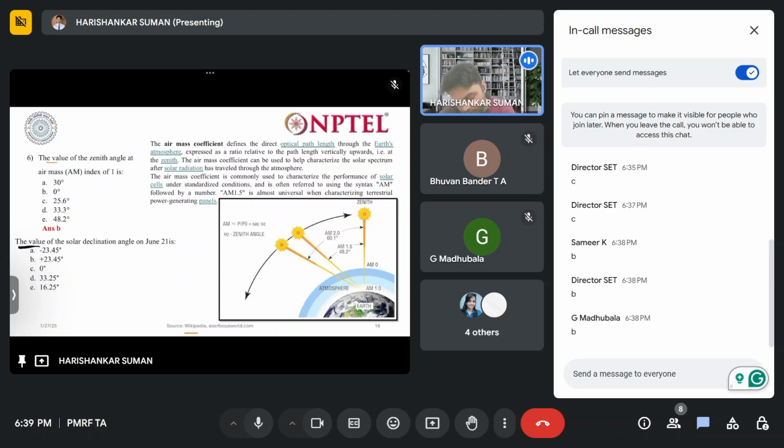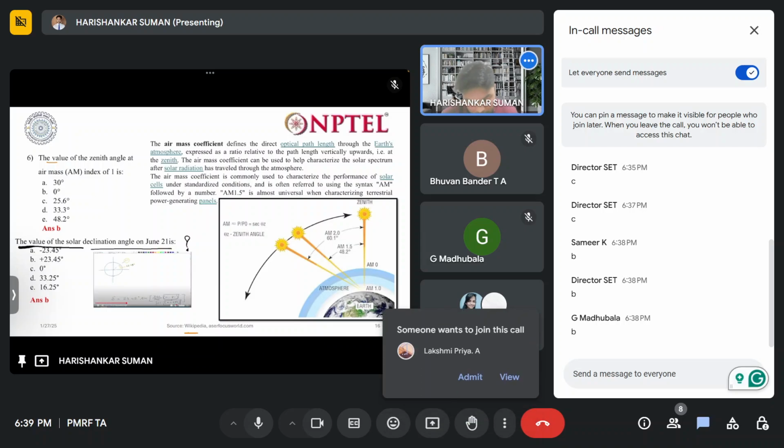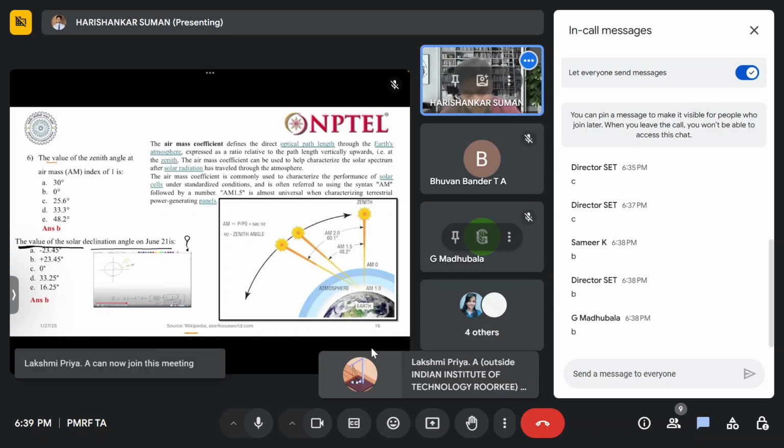Next question. The value of the solar declination angle on June 21 is... The answer is B, but calculate. This is the formula, you can see it in the slide.